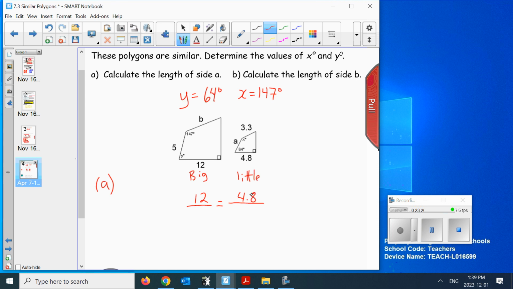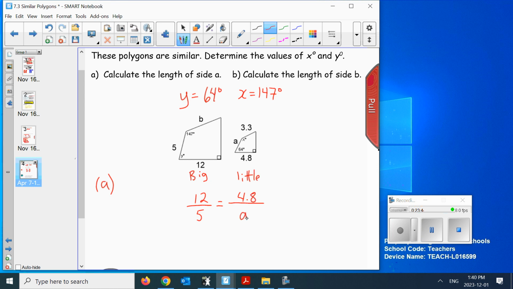Just like 5 on the big is like A on the little. Does that make sense? How I set that up? The left side is information from the big shape. The right side is information from the small shape. Cross multiply, divide by the lower. You guys know how to do that, right?